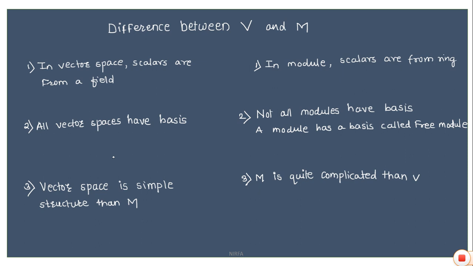So we may say that vector spaces are a particular case of modules, and on the other hand, vector spaces are lovable because they have simple and straightforward properties which make the study of vector spaces very convenient. That's why I made the statement that modules are quite complicated compared to vector spaces.